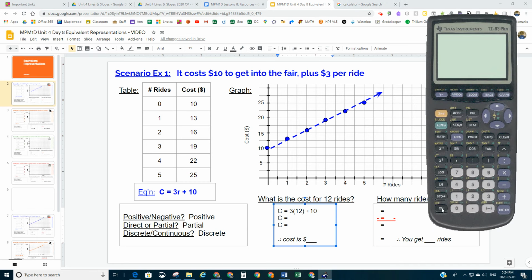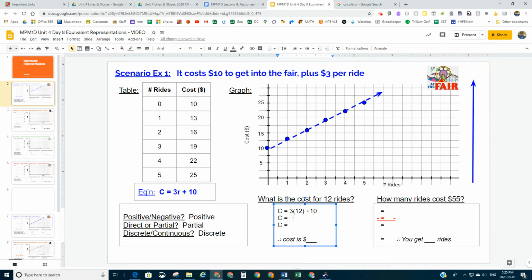I'll just pull up my calculator here. 3 times 12 is 36. Okay, so 36 plus 10 is 46. So the cost for this is $46, and you can delete that line that I gave you.